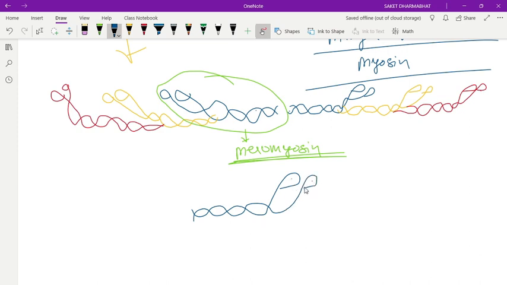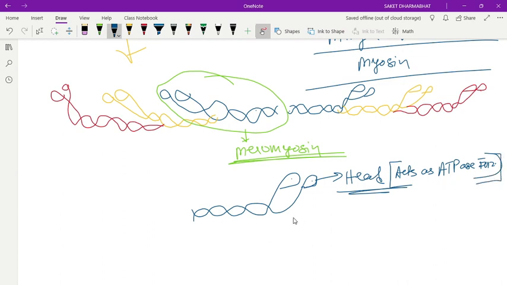So this part is called what? Head. And this head itself acts as an ATPase enzyme. This head is acting like what? ATPase enzyme. Okay, here this is called what?